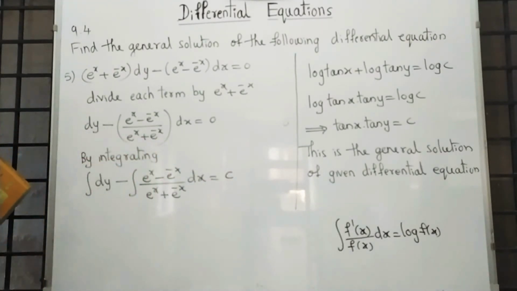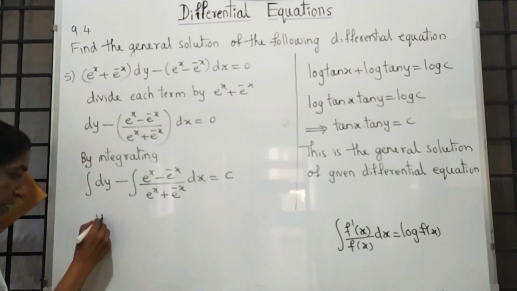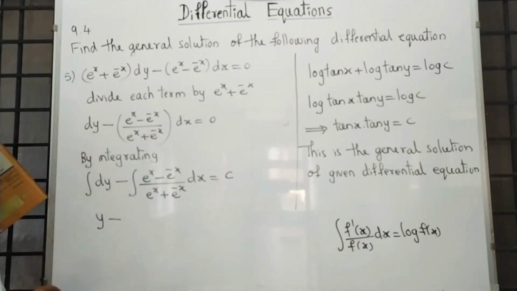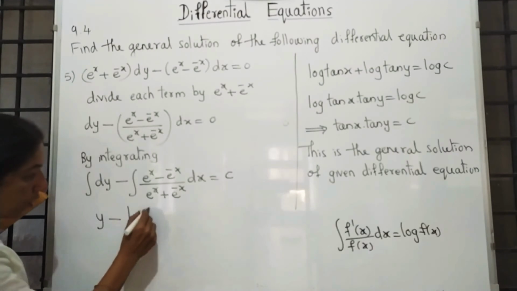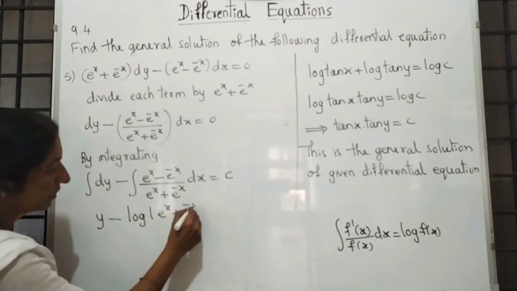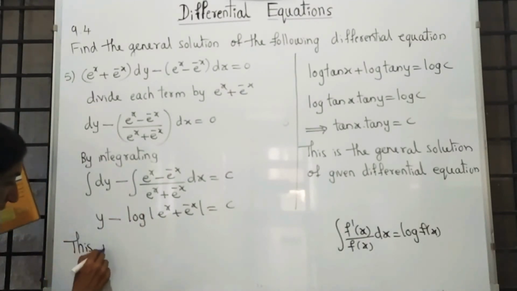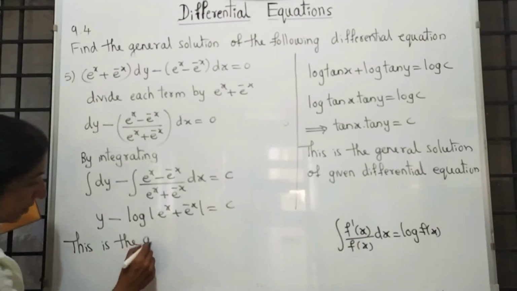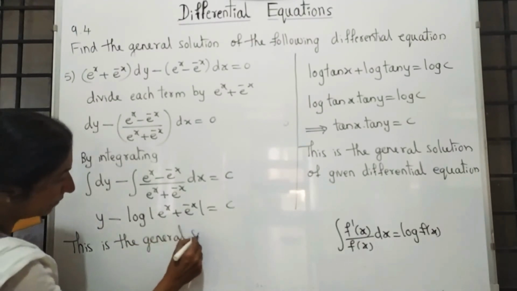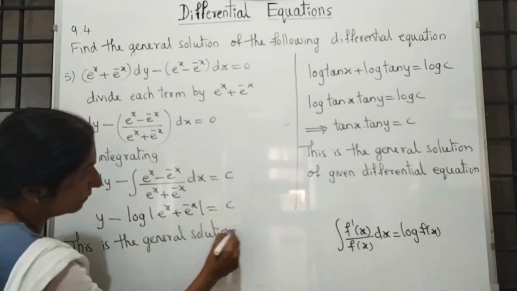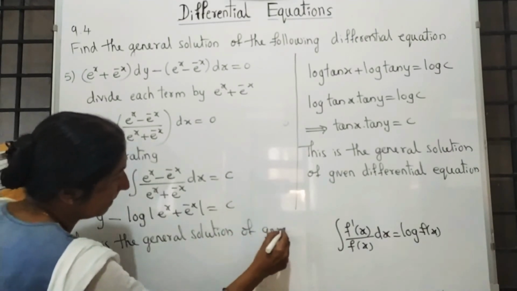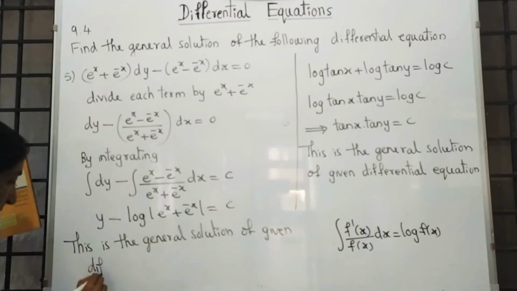Here I am not writing log because only for this term you are getting a log, the remaining as it is. That's why I wrote the constant only c. This is y. This is in the form of f dash of x upon f of x. It is the log of e raised to x plus e raised to minus x is equal to c. Write down, this is the general solution of the given differential equation.